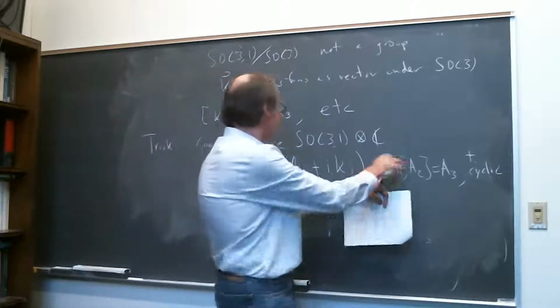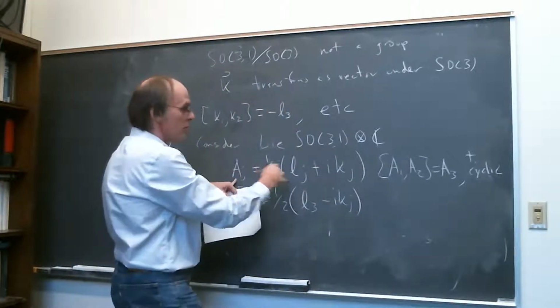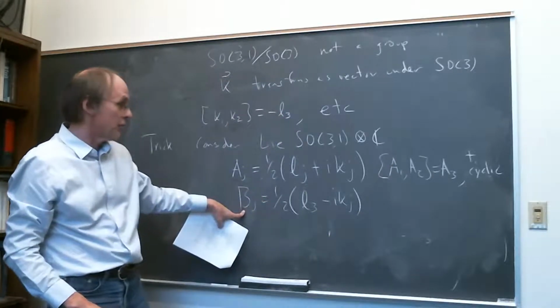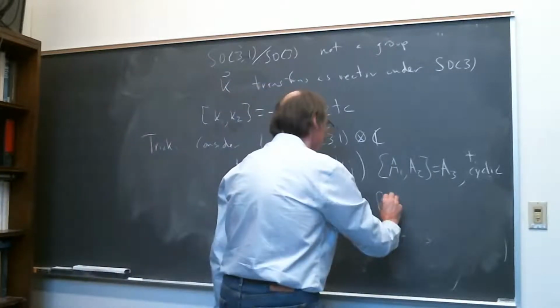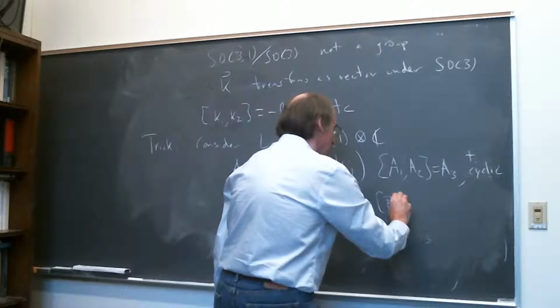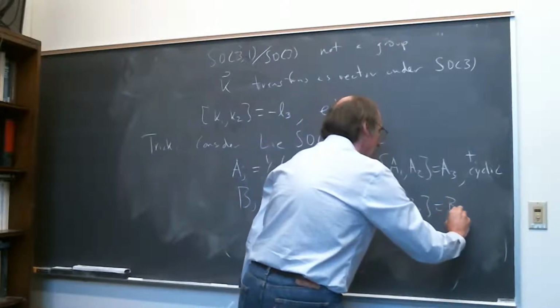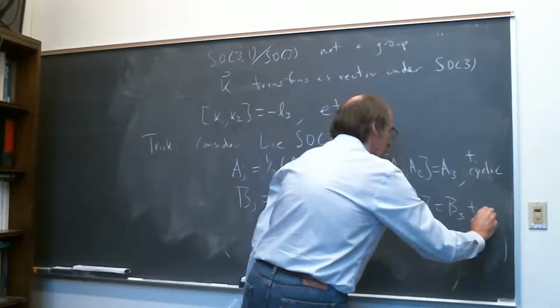So now when you're commuting two A's, you're getting another A. If you do the same thing with the B's, you find [B1, B2] equals B3 plus cyclic.